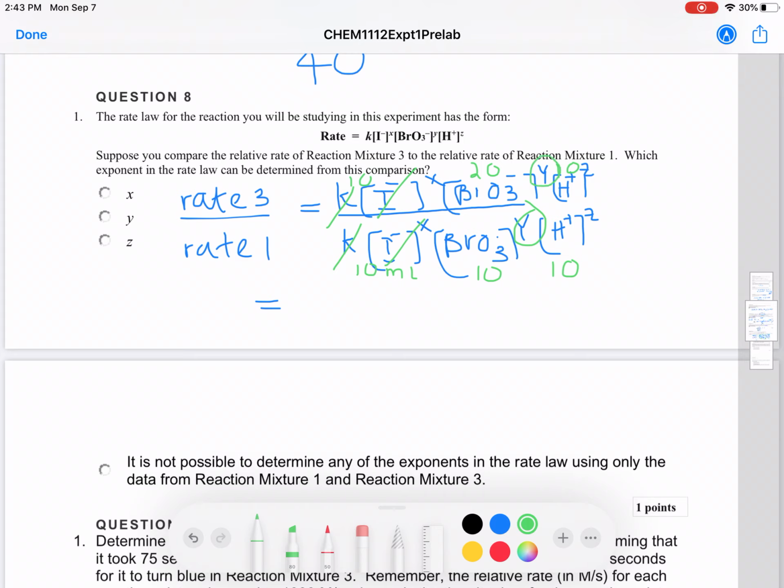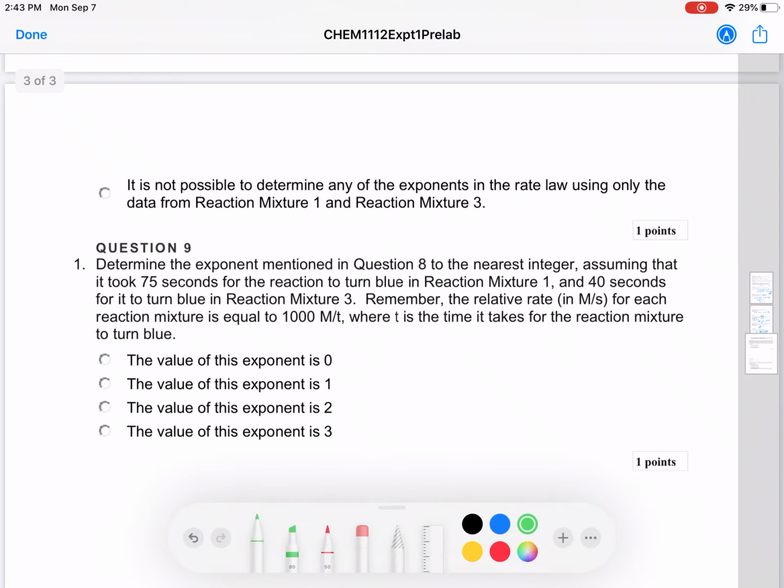And then determine the exponent mentioned in question 8 to the nearest integer, assuming that it took 75 seconds for the reaction to turn blue in reaction mixture 1 and 40 seconds for it to turn blue in reaction mixture 3. So 75 seconds for reaction mixture 1, and 40 seconds for reaction mixture 3.